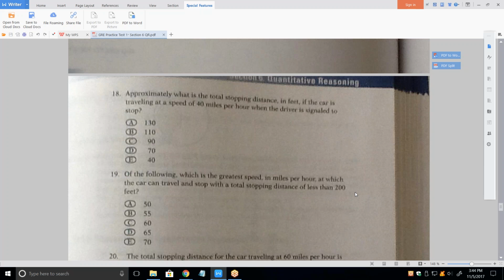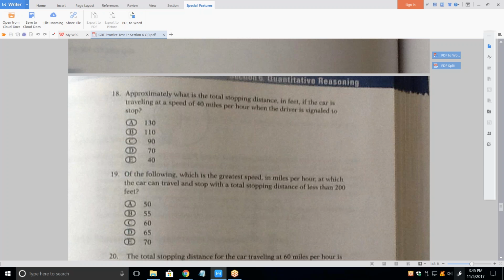So if a kid runs out on the road and you're going less than that speed, you'll be able to stop in time. If you're going greater than that speed, you won't be able to. So now, because there are two charts, it's going to be hard for us to calculate that. So here is a perfect back-solving problem.